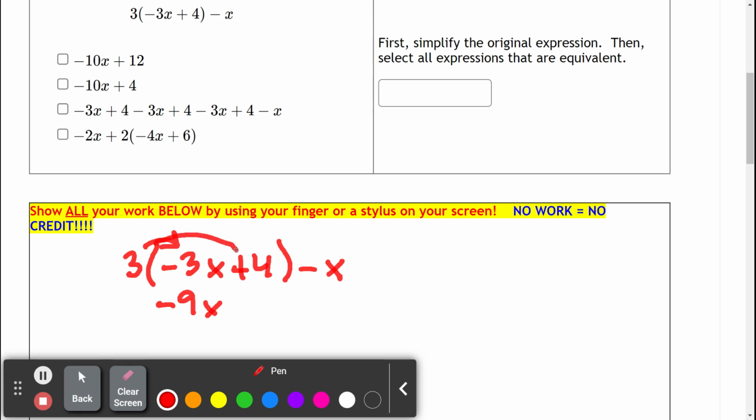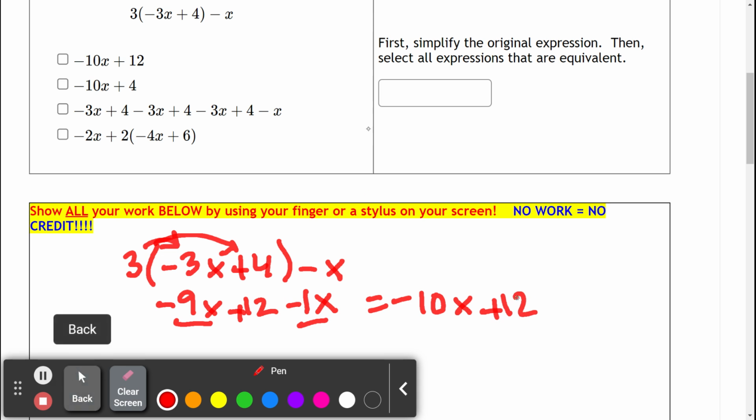And 3 times 4 is 12, so plus 12. And then we have minus x, which means minus 1x. So we can combine like terms: -9x minus 1x is -10x. And the plus 12, I can't do anything with that, so that's just part of my answer.